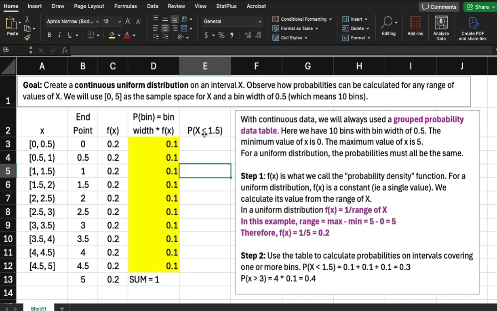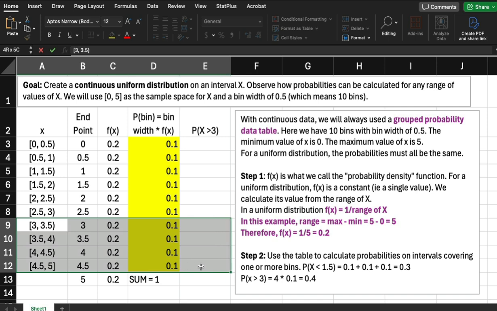Let's do one more. What is the probability that x is greater than 3? Okay, probability that x is greater than 3. So you have to ask yourself which intervals of x that would be. And I'm just going to highlight them down here quickly.